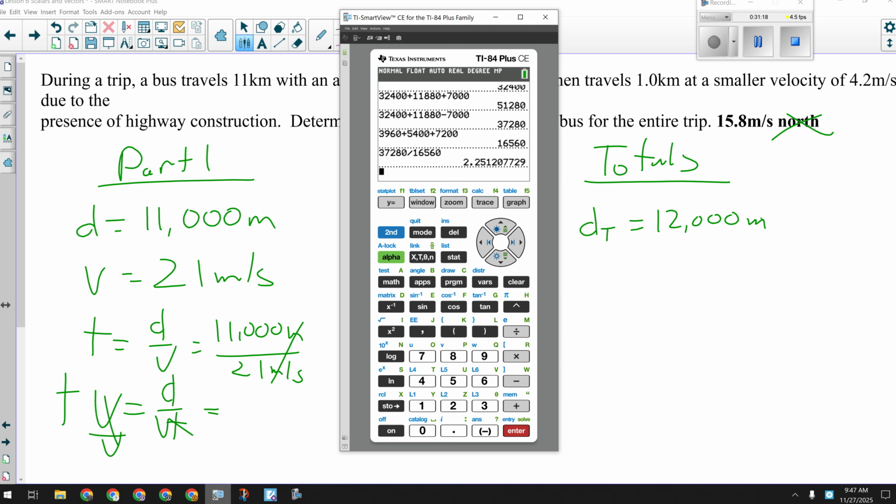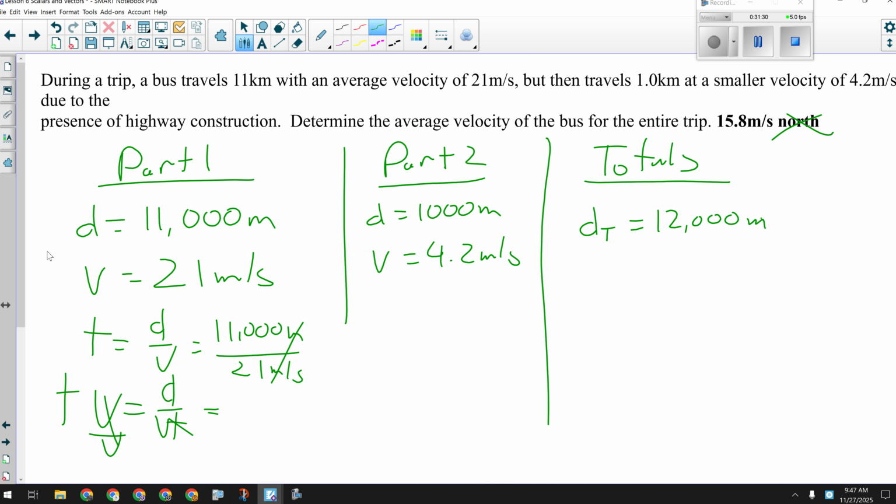All right, so in part 1, 11,000 meters divided by 21 meters per second gives 523.81 seconds. All right, now here's something we haven't talked about yet.